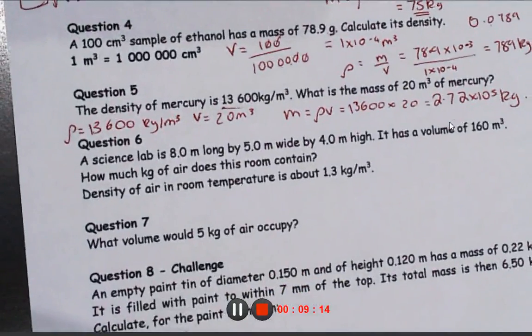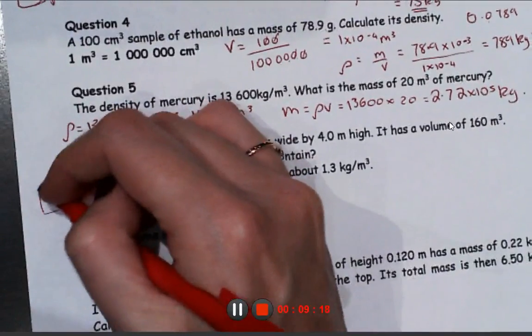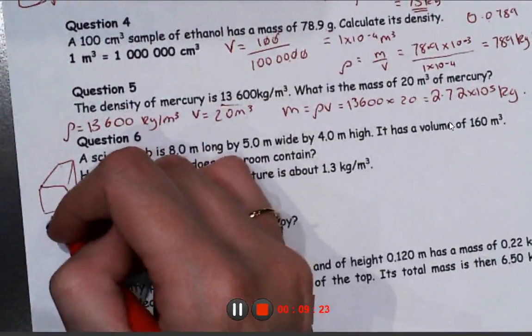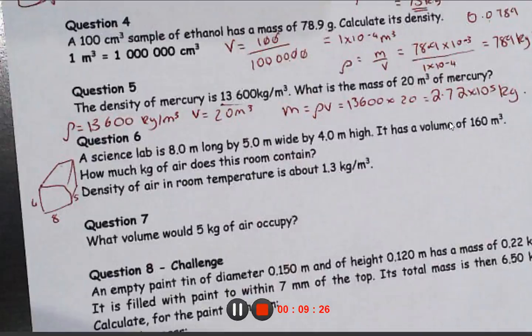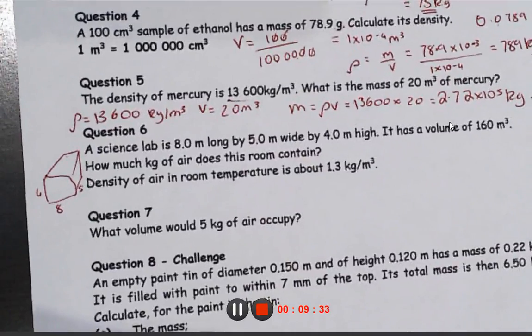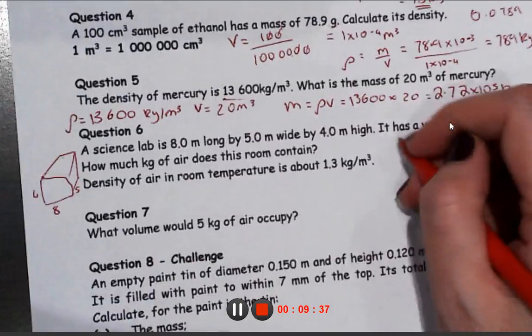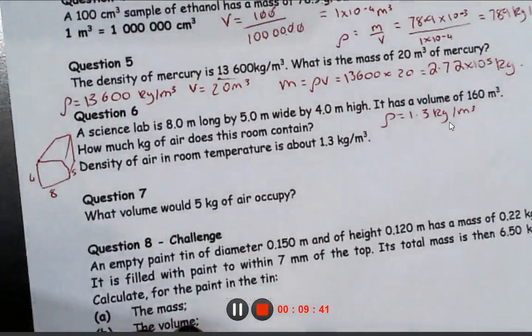Right, next, the science lab is 8 by 5 by 4, and has a volume of 160 metres cubed. How many kilograms of air does this room contain? It gives us the density, so we know the density is 1.3 kilograms per metre cubed.